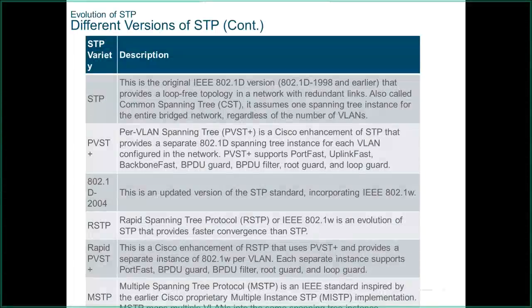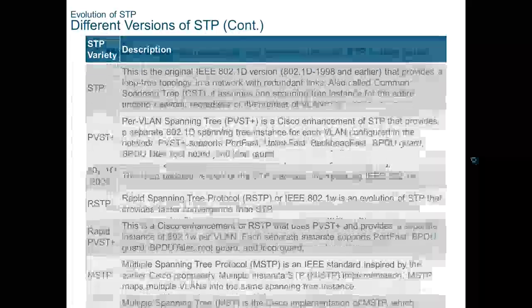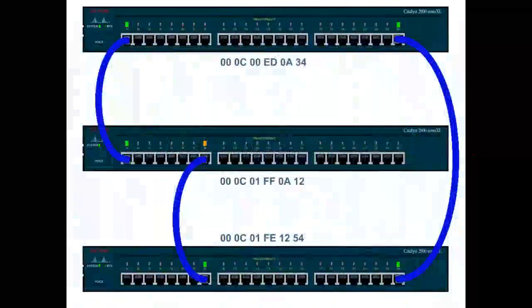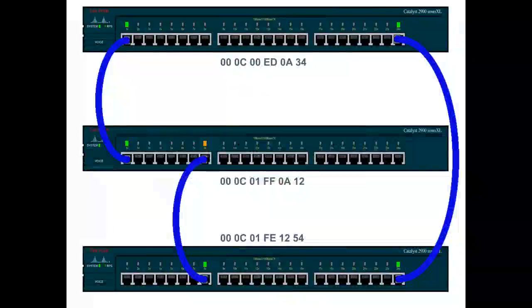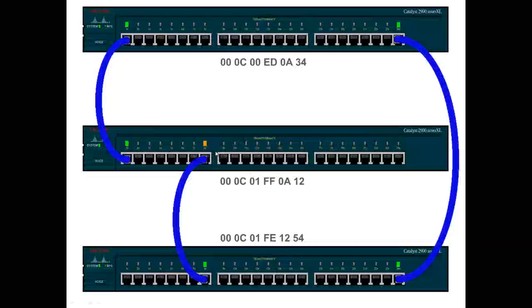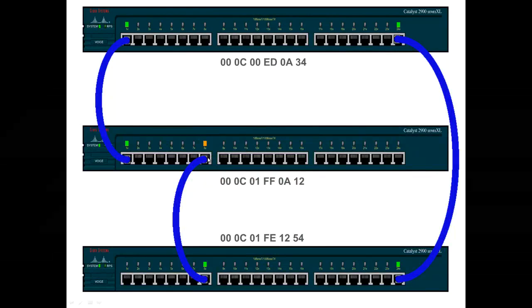Okay, so if we went back to this example here, alright, for multiple spanning tree instance 1, this is going to be the alternative port and be blocked, because that's where our loop is.